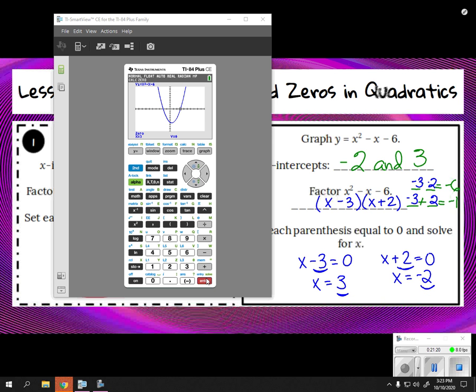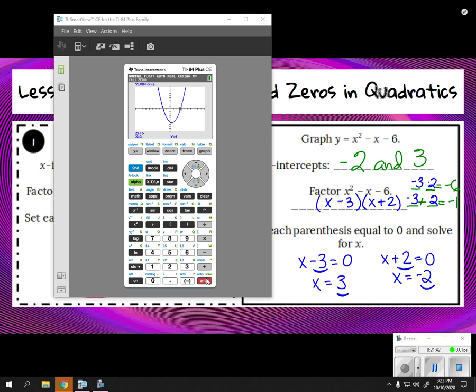Now, if you're going to be using the calculator to help you out, especially if the directions say factor or use a specific way to do this, it's not going to be good. But if it leaves it open-ended, you can write that you used the graphing calculator to help you.